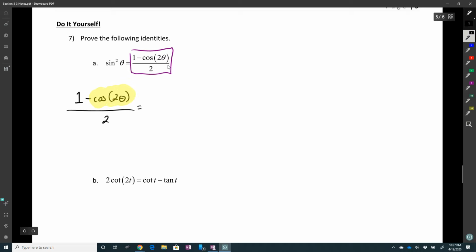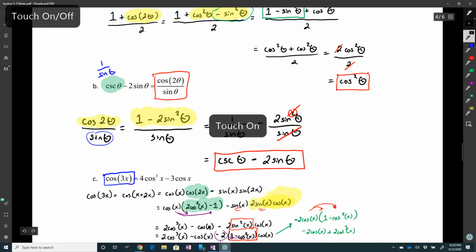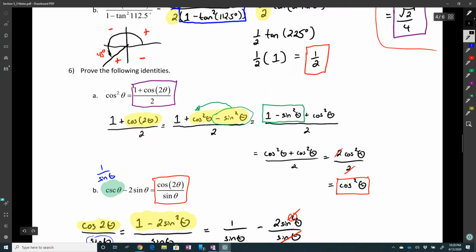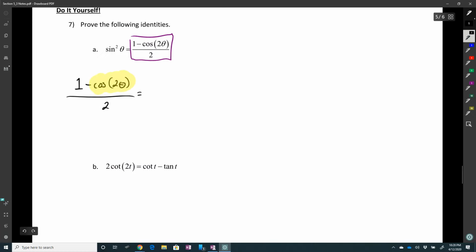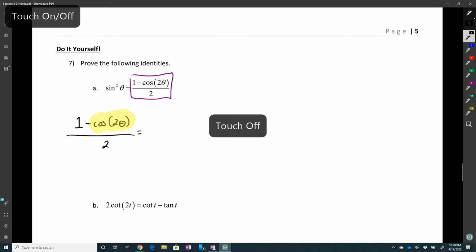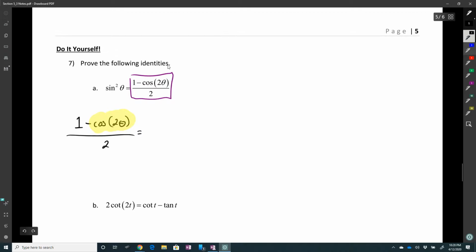Since the answer is sine theta, earlier on the previous page I just did cosine squared minus sine squared. I'm going to try a different formula, just change it up. Since my answer has sine in it, I want the form that has sine in it. So I'm going to be 1 minus, and then the formula was, always forget that, 1 minus 2 sine squared of theta.